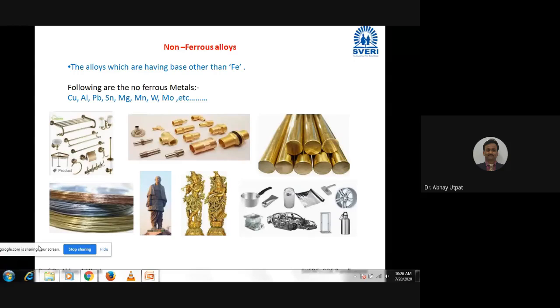And one more thing. Whatever sanitary fittings I have shown, I have told you in the previous class also. If you go and see the sanitary fittings at your home, you will find it is steel.